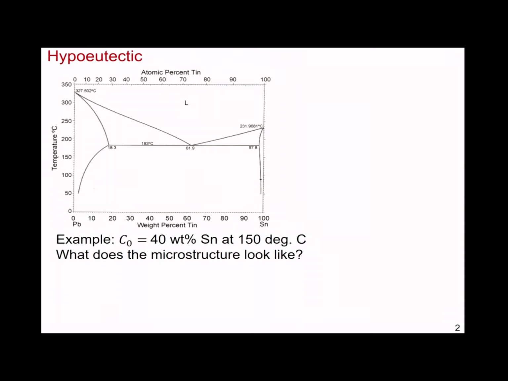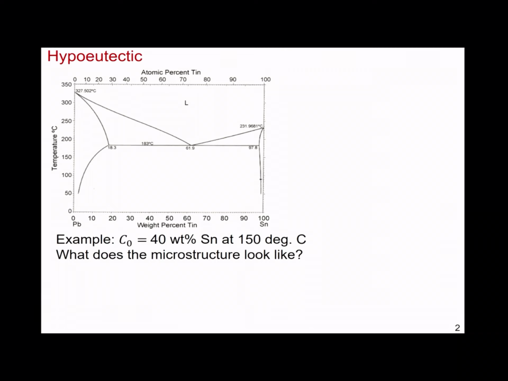Okay. So let's talk about the microstructure and why this matters to you as an engineer. This is the same phase diagram that I just showed. Specifically, I'm going to do an example in the hypoeutectic region. In this particular case, you have 40 weight% tin, and you're at 150 degrees Celsius.